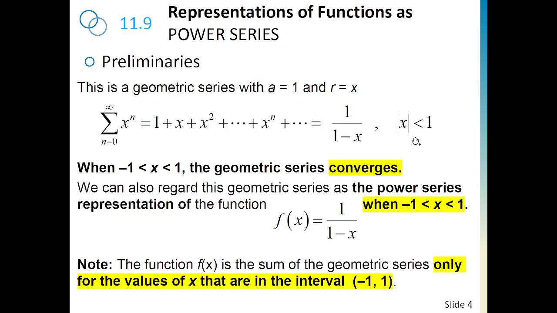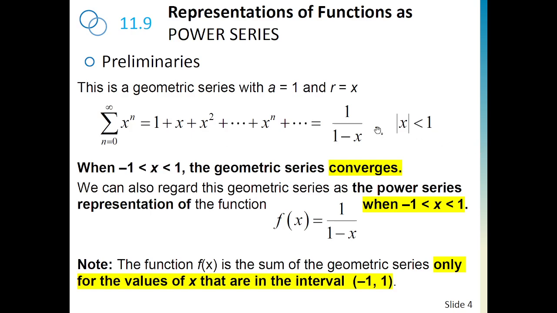Those are three very important things, and we will see them often in the applications now. This series is convergent when x is between -1 and 1. Outside of that interval, the series is divergent, so this equality is true only for x in this interval.